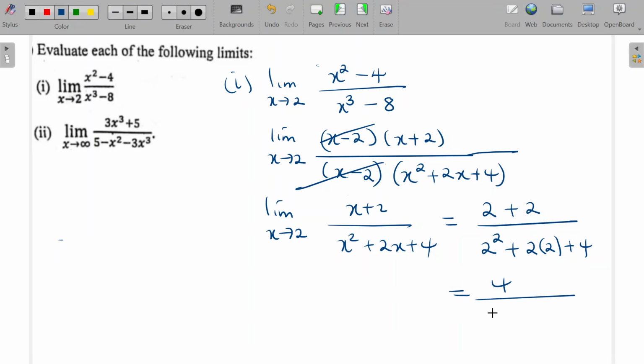Here at the bottom is going to be 4 plus 4 plus 4. As a result, 4 over 12. And this will be equals to 1 over 3. Clear? Okay. Wonderful. So that's how you solve this question.